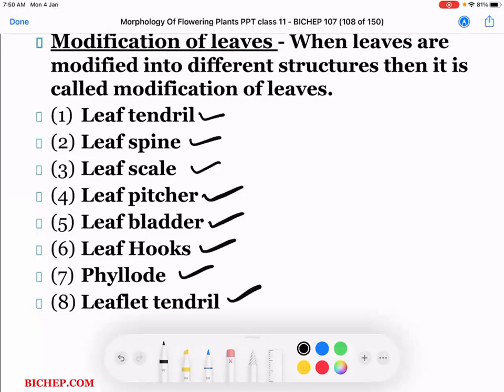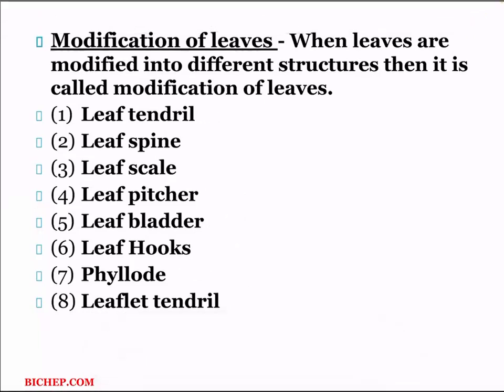So tendrils are of two types: leaf tendril and leaflet tendril. Let us see all of them one by one. All types of modified structures are different, and they have a particular function: to climb, to protect, or to get food.